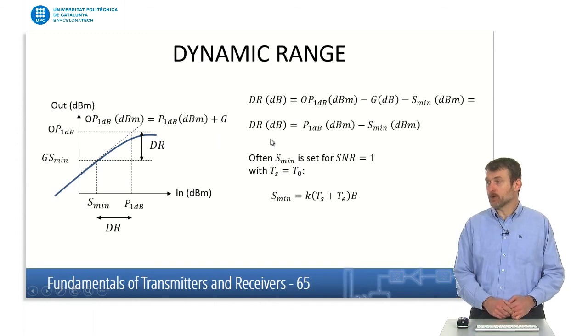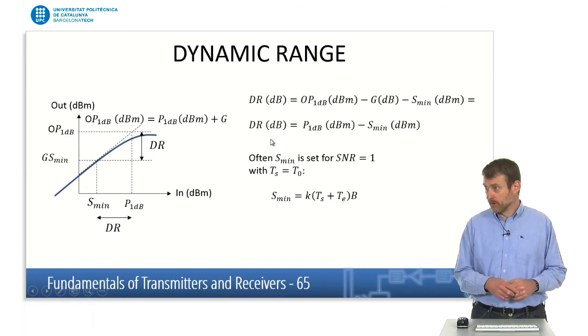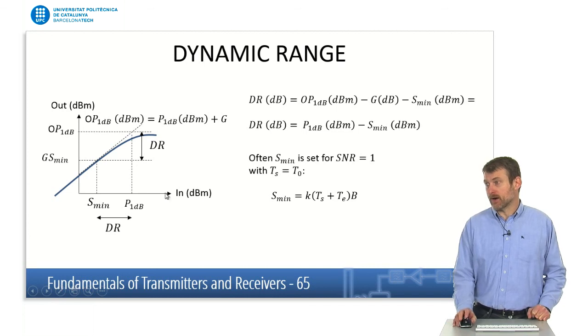If we start with the definition of dynamic range, which is limited by compression. Using the diagram that I described before, in which we plot input power and output power, we'll have that the upper limit for the dynamic range is the limit for which the input power produces the 1 dB compression point.